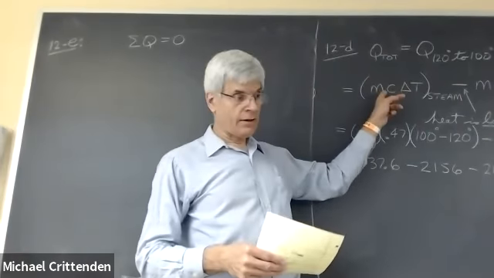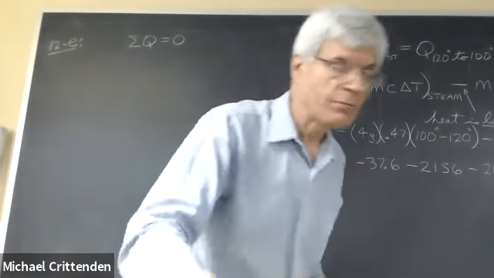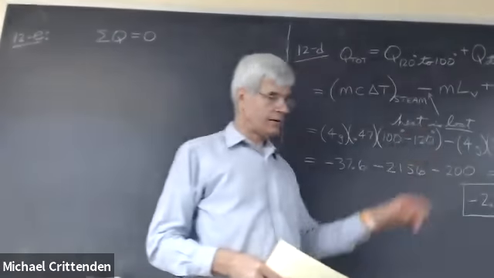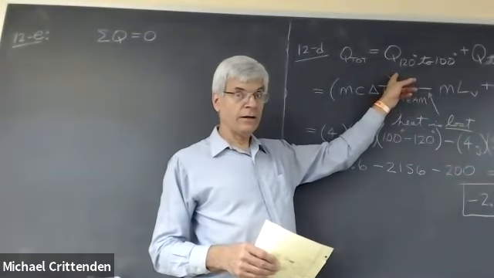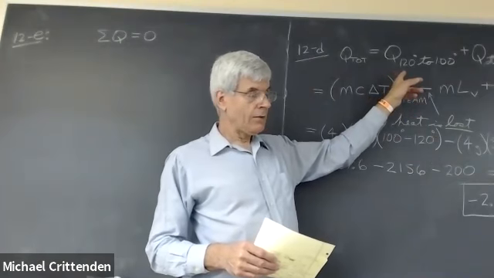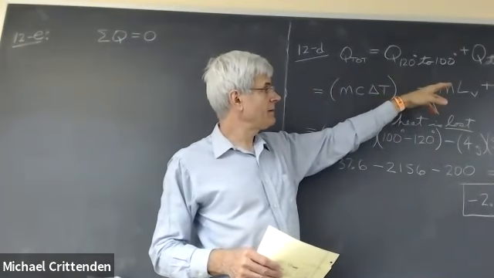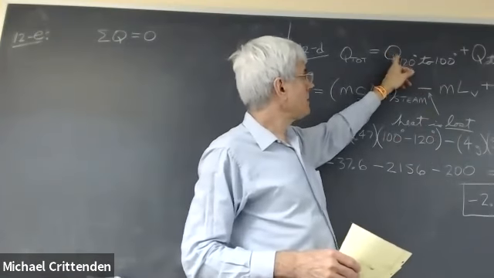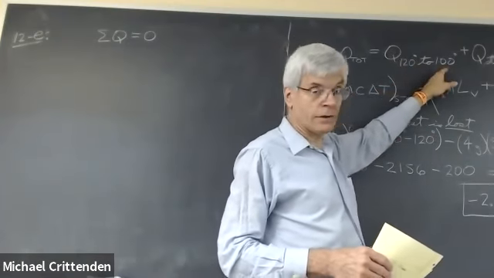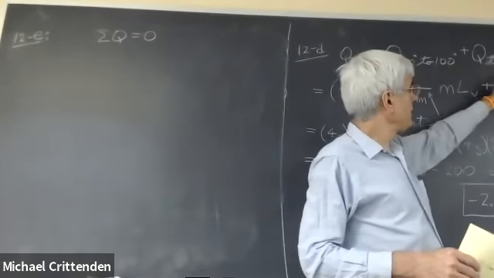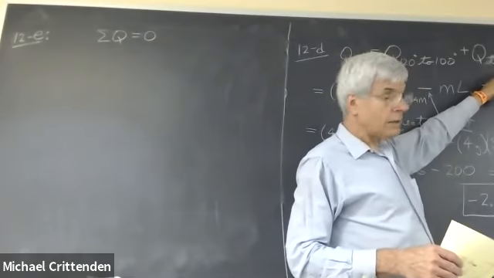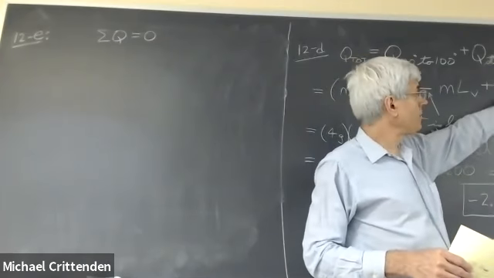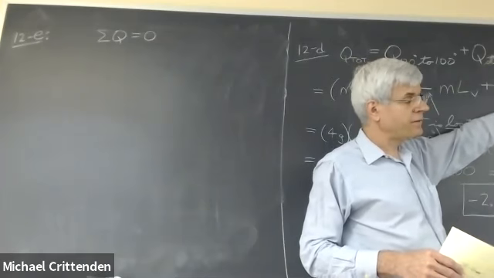And so just like the other one that I went through, I could probably get another couple inches of that on the screen without losing anything. But just like this other one that I went through a minute ago, it's going to be 3 things added together. It's once again going to be the heat to go from 120 down to 100, plus the heat to liquefy, plus the last thing in this other one said the heat to go from 100 down to 50 degrees.